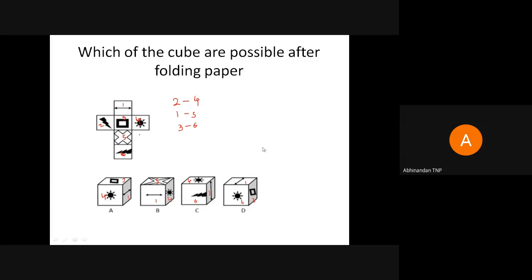Then 1: 1 is there, the opposite of 1 is 5. Whether you have 5? No, means this is the correct die. Then you can go for the second. 1 is there, what is the opposite of 1? 5. So it is adjacent. The opposite of 1 is 5, but 5 is adjacent, right? Means this is not the proper cube.